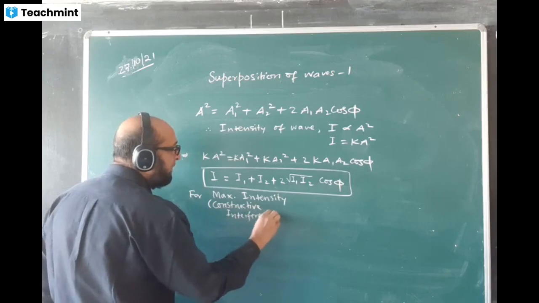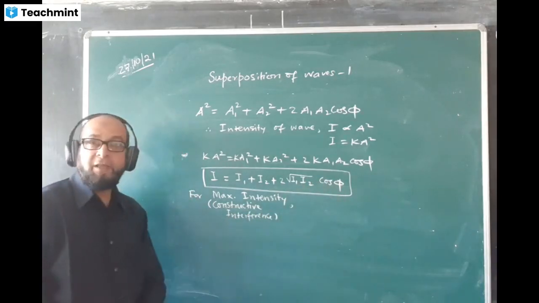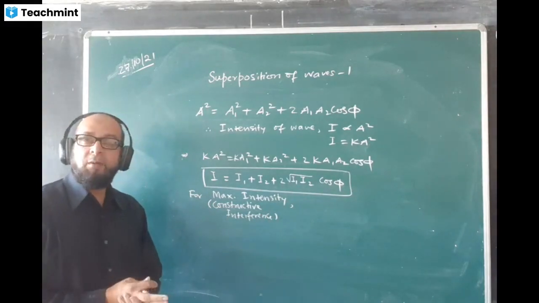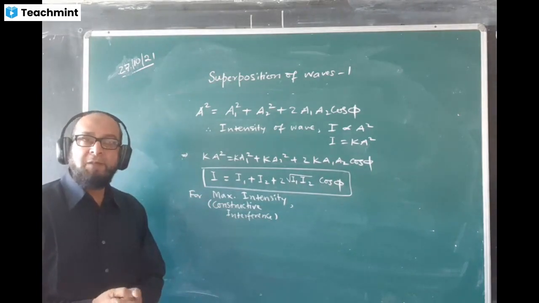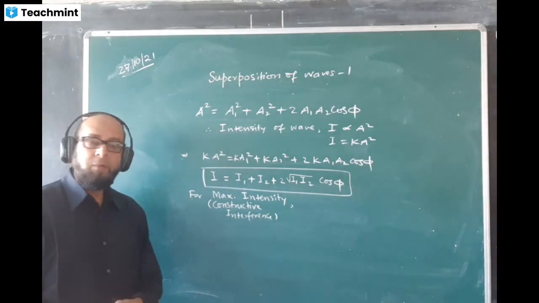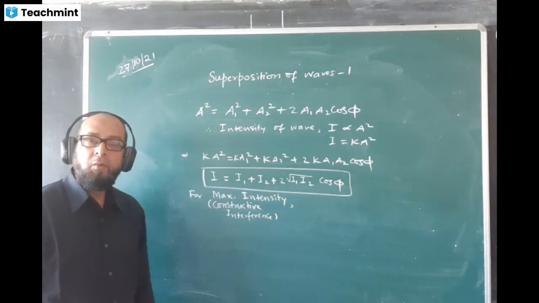For constructive interference, it all depends upon the value of phi. When will the resultant of two vectors be maximum? I think you have done that in that chapter. When will the resultant of two vectors be maximum? When theta is how many degrees? Tell me. Say it fast here, come on. Hello?